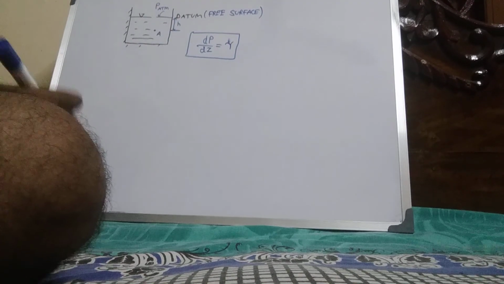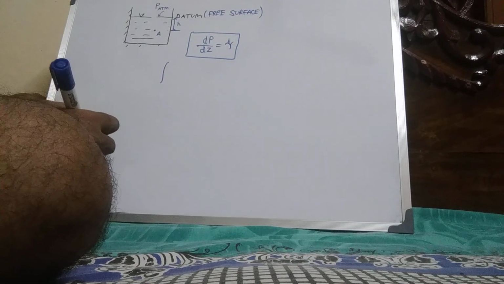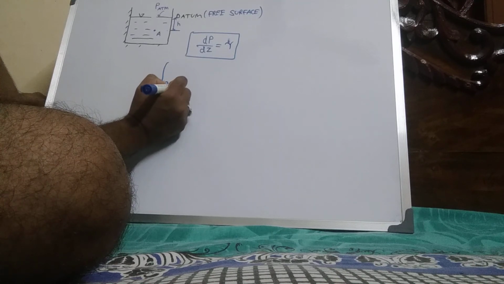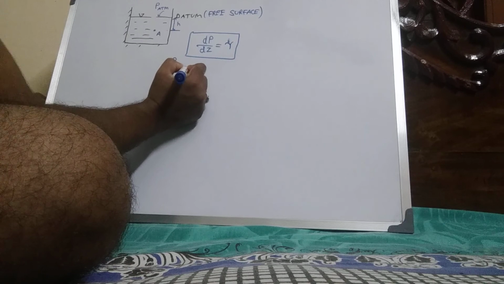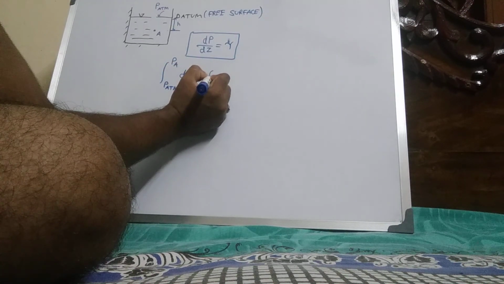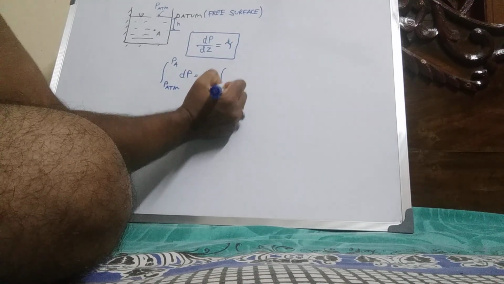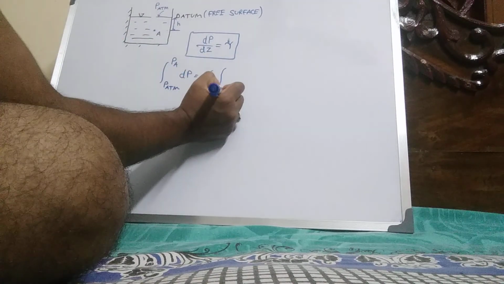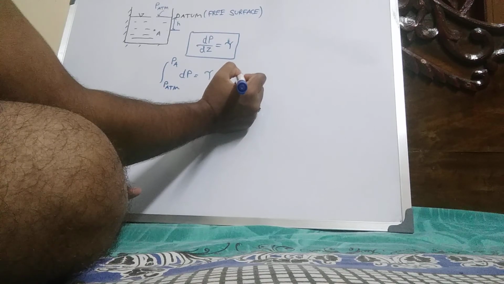So integrate from P atm to the pressure at A, dP equals gamma times the integration from height 0 to h of dz.